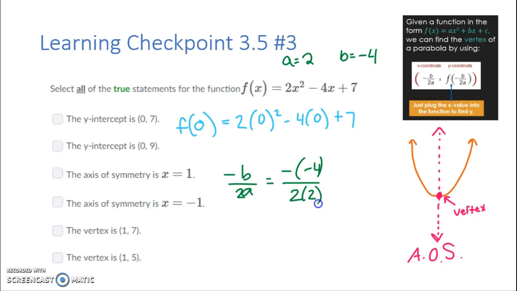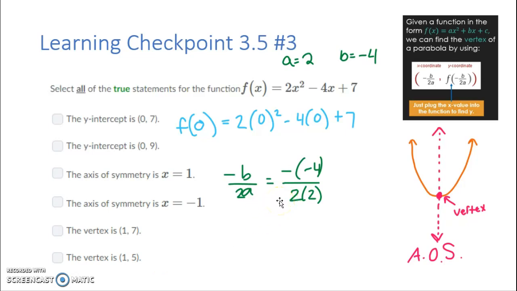And I will let you finish simplifying that all the way through to get your x value for the axis of symmetry. Once you get that, you're going to plug that number in to the equation to see if you get 7 as your answer or if you get 5 as your answer. So again, simplify this part right here in green.